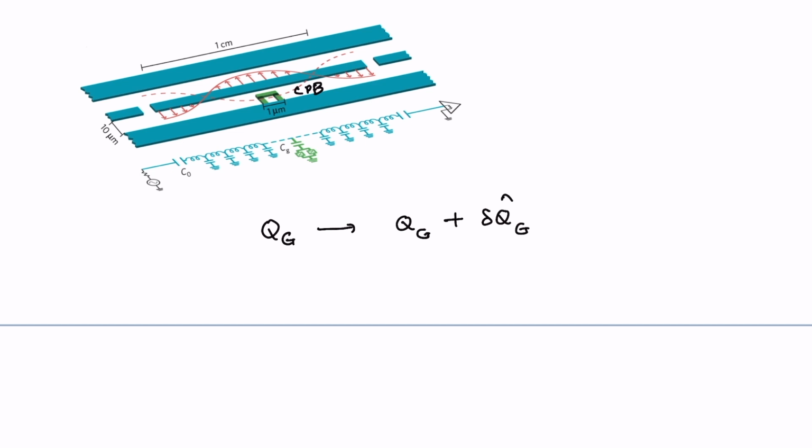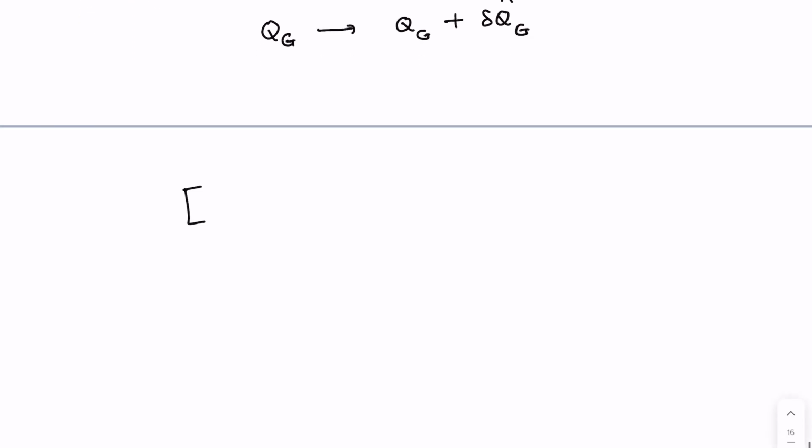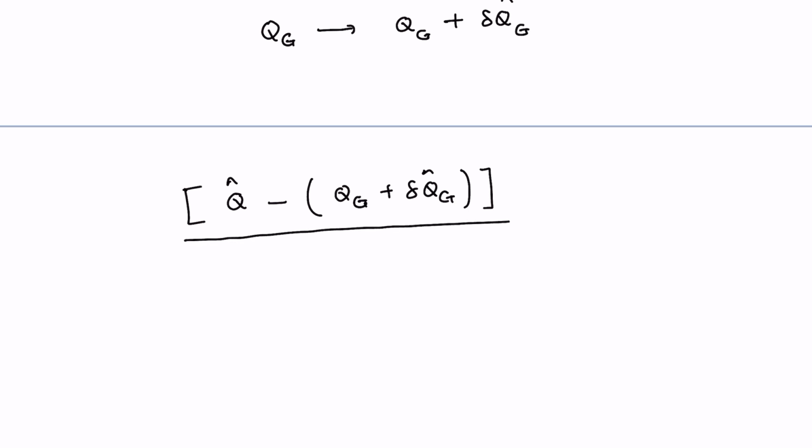Okay, then the charging part of the Cooper pair box Hamiltonian is going to be, you have the charging energy expression, you remember, then in that expression you just have to change this Q_g to Q_g + δQ_g. Again, this δQ_g is the change in the gate charge due to the quantum mechanical fluctuation in the voltage.